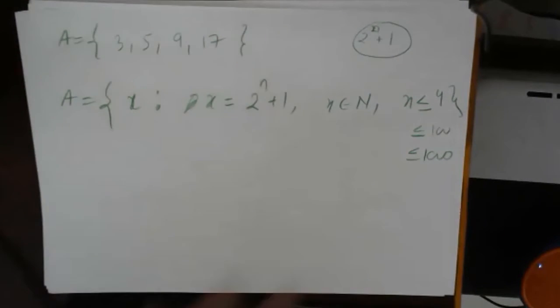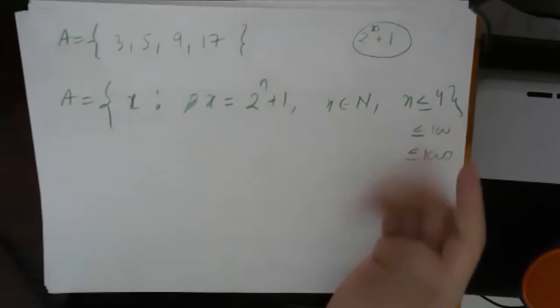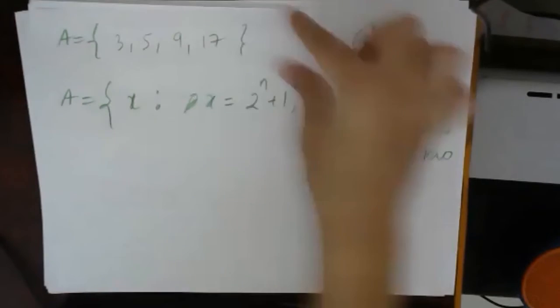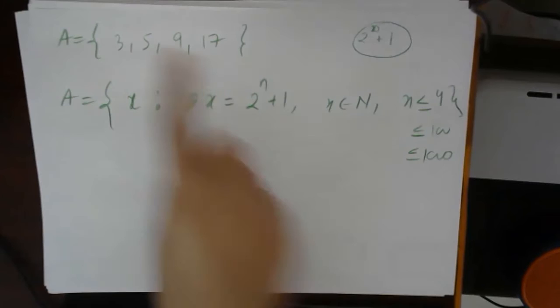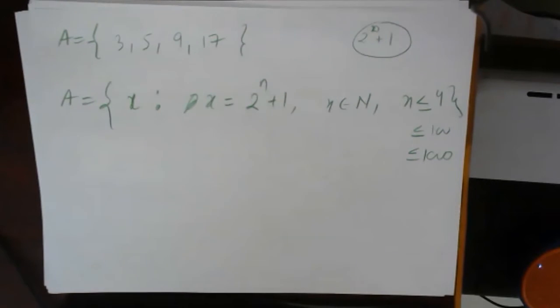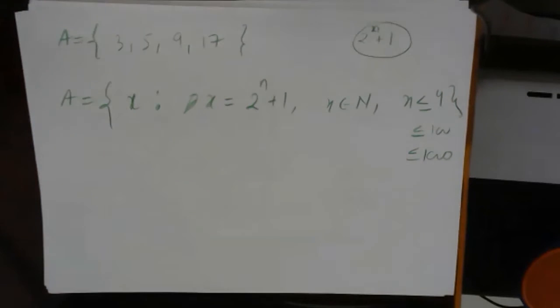Now see, till now we have done set builder form for only one set. Now we will try to write two sets which are related to each other in set builder form.